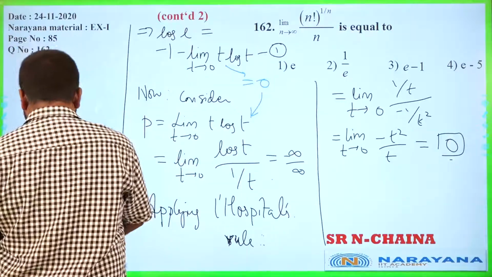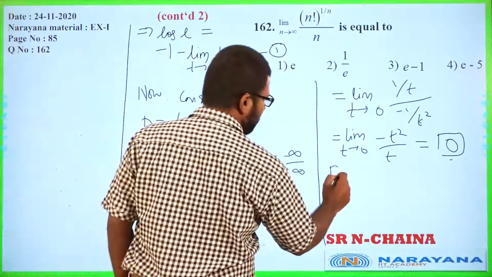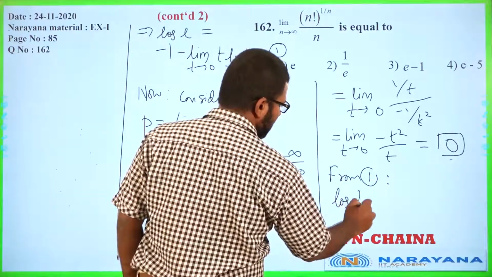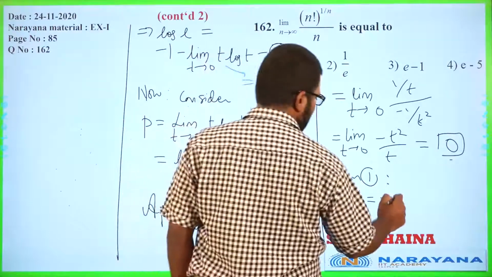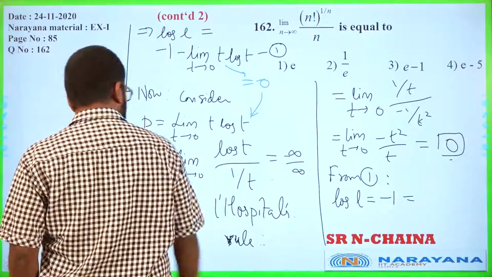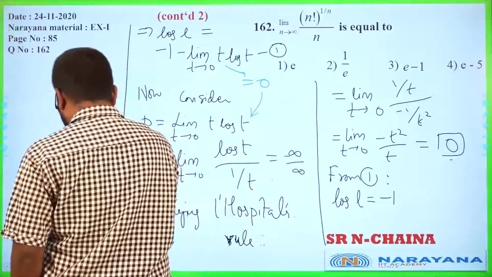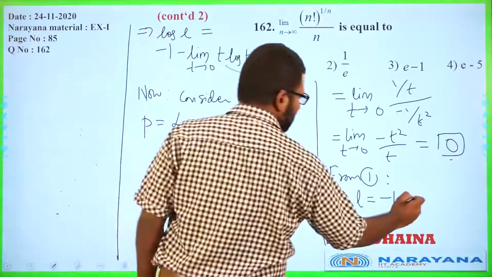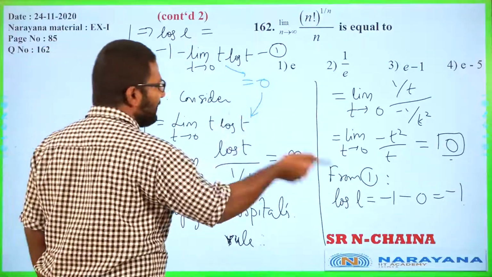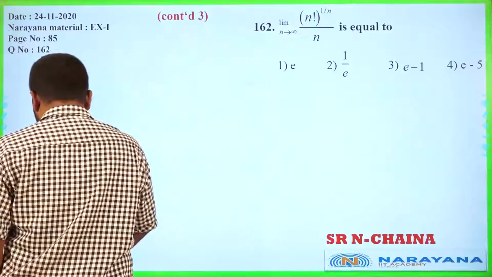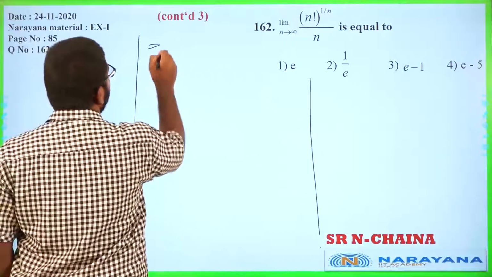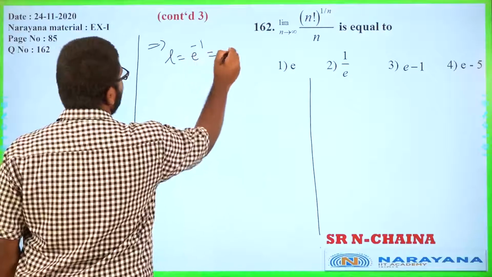So now substituting in 1, log L is minus 1 minus 0, which is minus 1, and whenever log L is minus 1, what should be L? Which means L is e raised to minus 1, which is 1 by e.